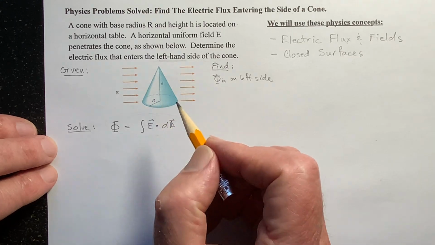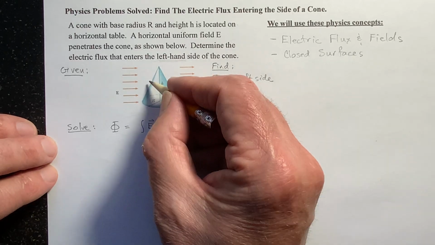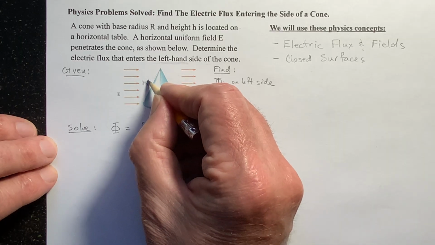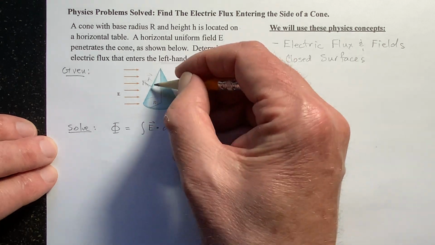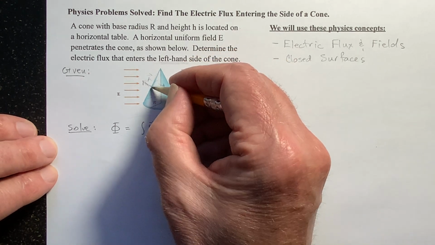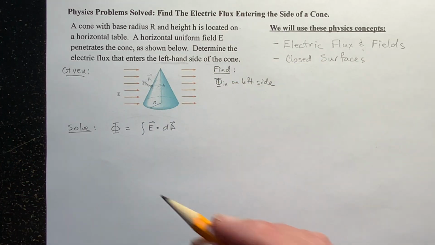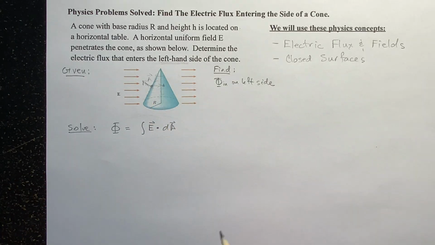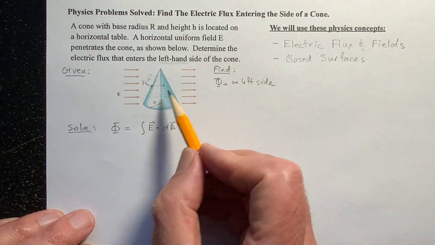We might have to use calculus to do this, because what if I look at this surface right here, and you might say, oh, well, there's my area vector, and so what's the angle between the electric field and the area vector? But this area vector rotates around, so this has to be a little dA, and so I'm going to have to integrate the area vector times the electric field over rings or some crazy thing like that. I don't know how to do that. I would panic if we're trying to use this to figure out how much flux is entering.